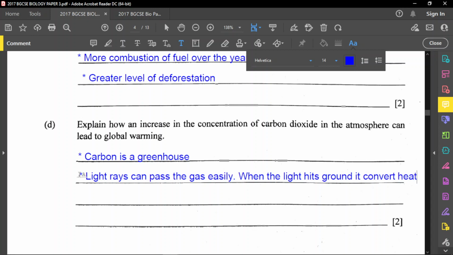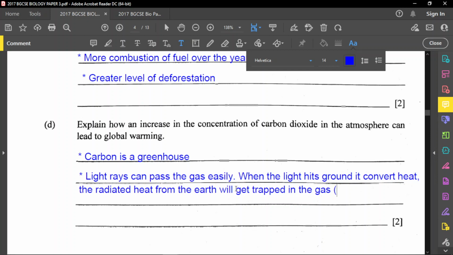When light is converted to heat, what happens next is that the radiated heat from the earth, because radiation is kind of reflection, will get trapped in the gas, which is carbon dioxide.